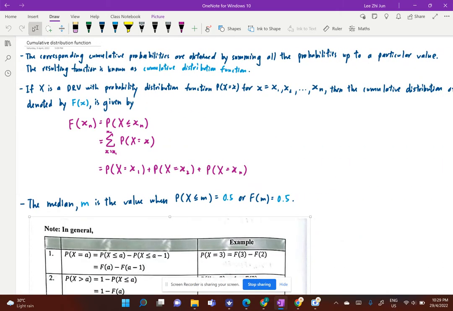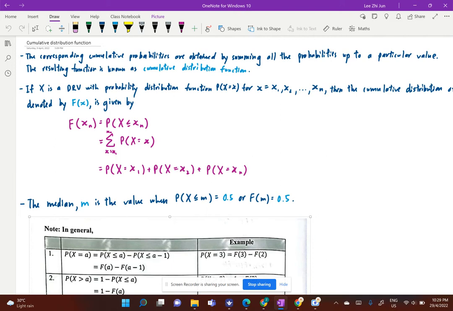Cumulative distribution function. The corresponding cumulative probabilities are obtained by summing the probabilities up to a particular value. The resulting function is known as the cumulative distribution function. So if X is a discrete random variable with probability distribution function for x equals x1, x2 to x_k, then the cumulative distribution of X, denoted by F(x), is given by the sum from the first to the last.